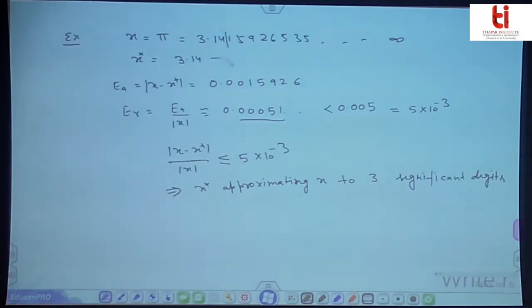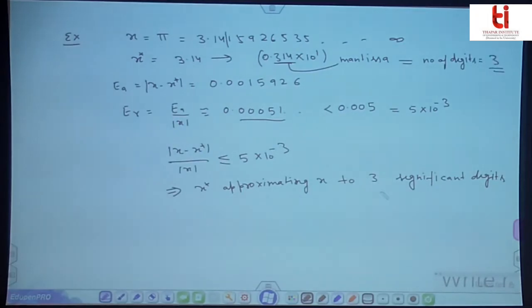Also, we can write 0.314 into 10 raised to power 1. Here this is the mantissa, and the number of digits in the mantissa are the significant digits. This is 3.